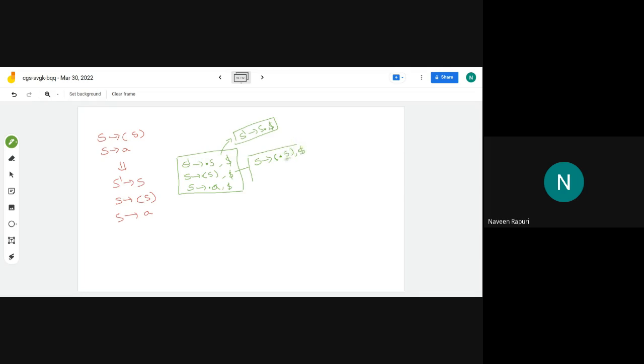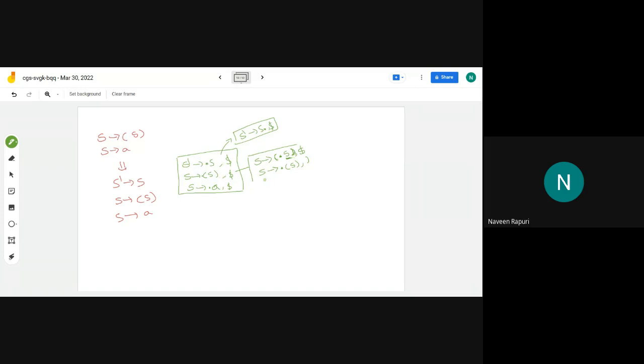Here after dot there is S, so we need to add all the S productions. S derives dot (S) comma, after S there is a closed parenthesis, that is the look ahead symbol here.